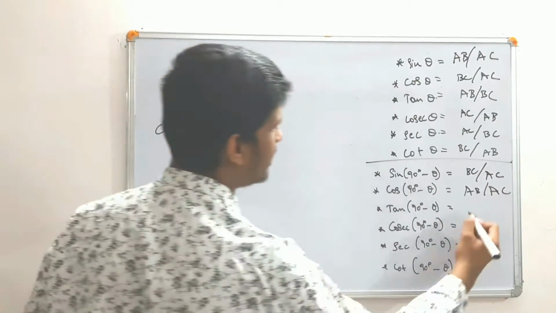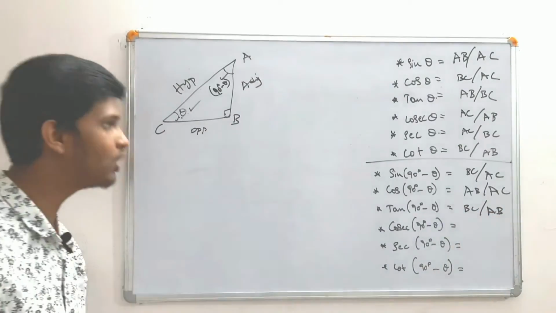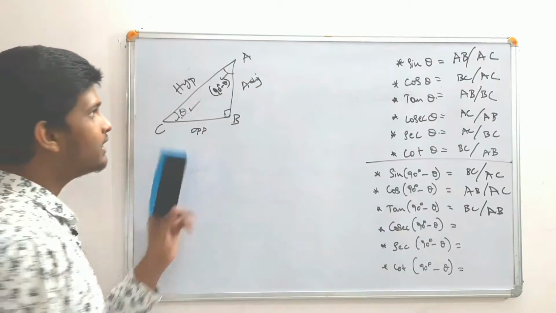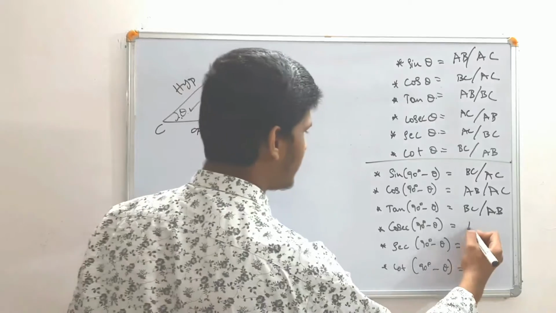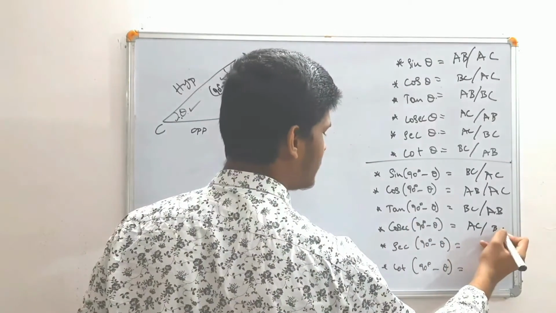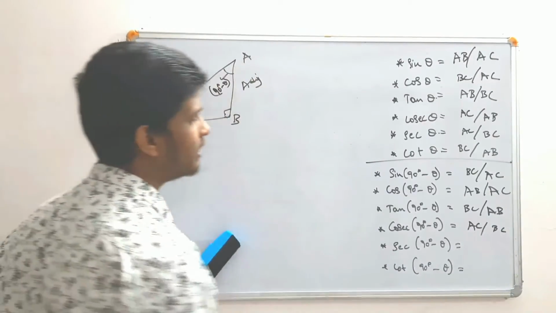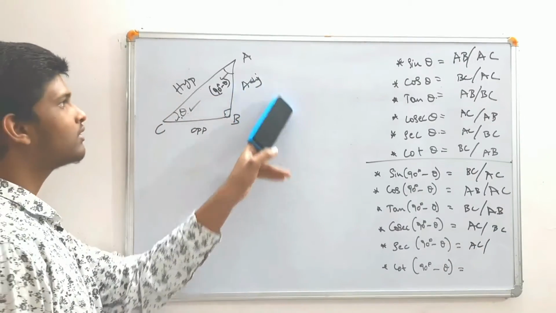It's BC by AB, right? Good. And now cosecant is hypotenuse by opposite side, so AC by BC. And if you come to secant, hypotenuse by adjacent side, this is AC by AB.